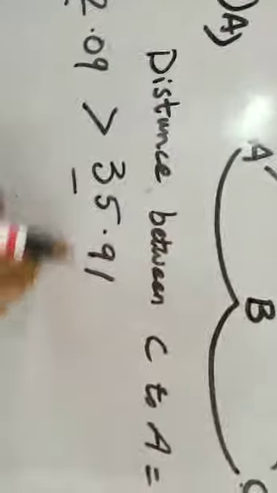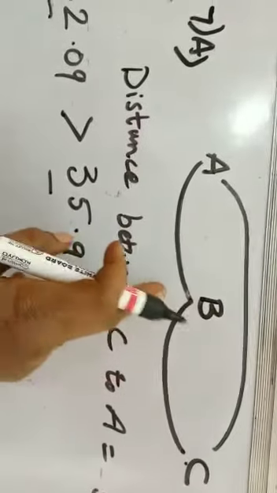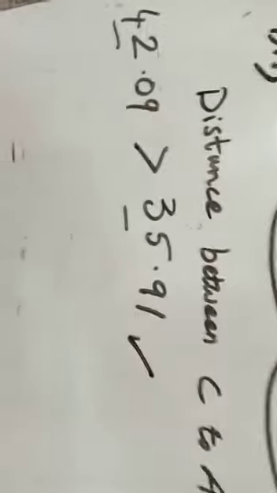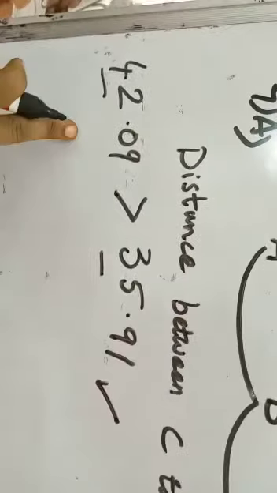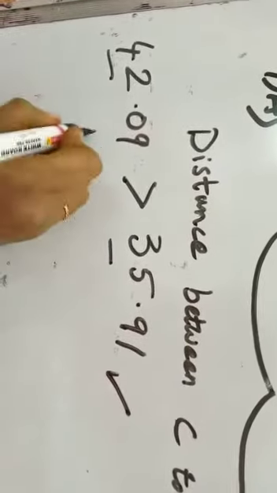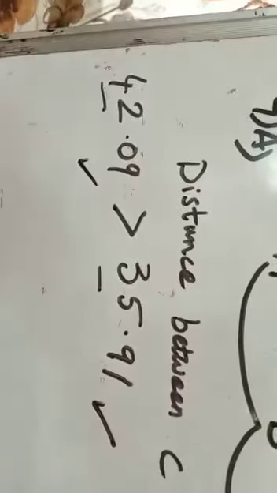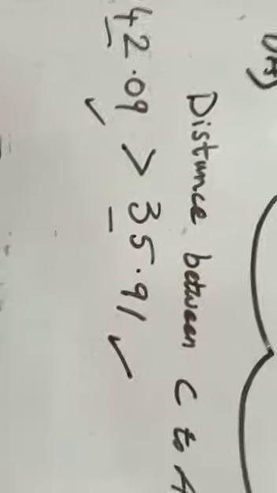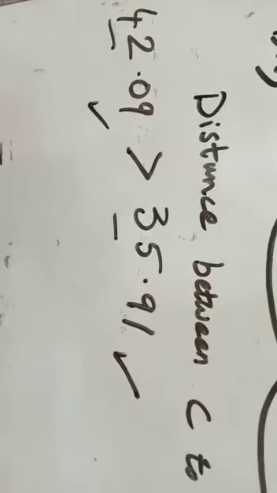If he travels from A to C without going through B, he will go less distance. Okay. If he goes through B, it will be more distance. Okay. So now, how much distance did he travel? He has to travel less.